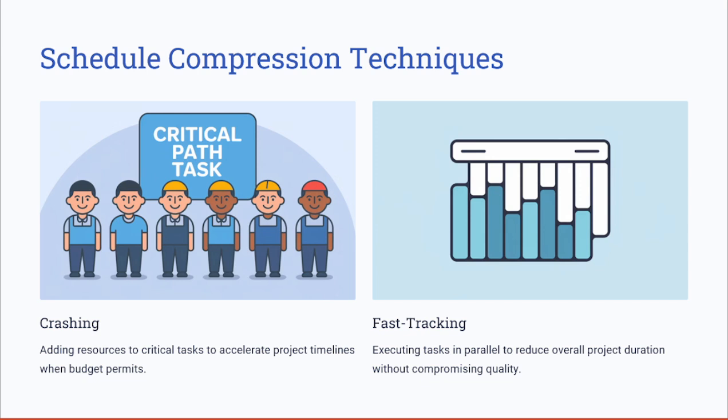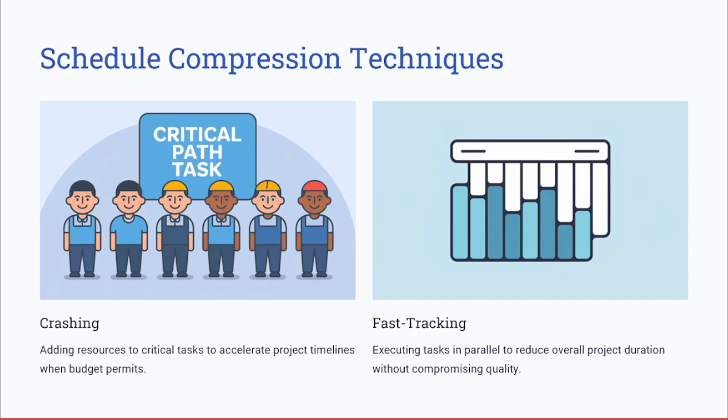When you want to use crashing, let's say the project is behind schedule and there are additional resources available. You can allocate these free or available resources to a special task or activity that will help you meet the deadline or save the wasted time.